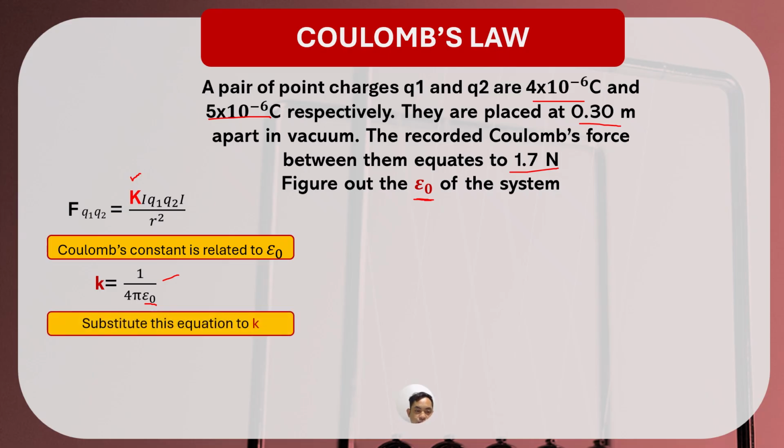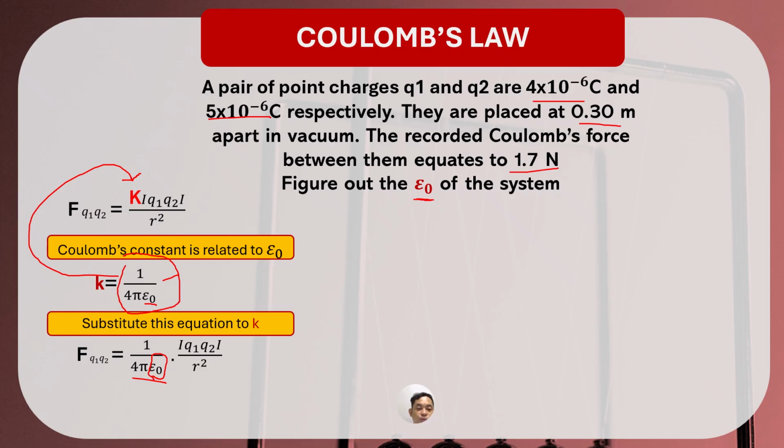And we will substitute the value of k, this 1 over 4 pi epsilon naught, into Coulomb's equation. Instead of writing k, we will change it to 1 over 4 pi epsilon naught, because our target is to figure out the epsilon naught. We will isolate it later.